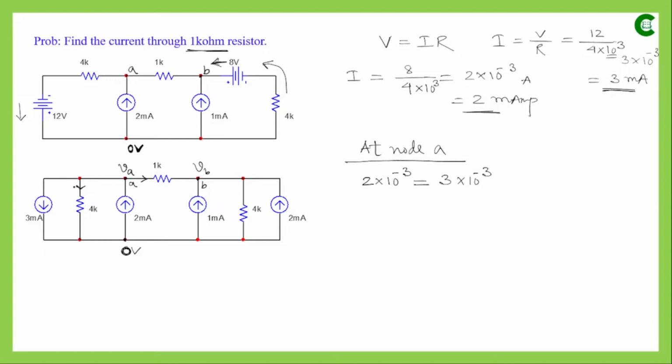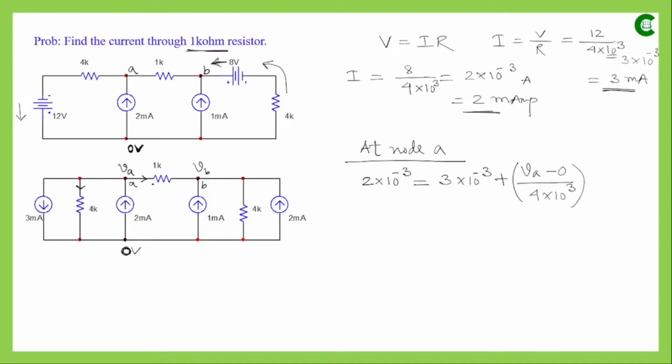So first we consider the potential difference of that path, which is the potential of point A, which is VA, minus the potential of the reference node, which is 0. This potential difference is divided by the resistance value, which is 4K, so it is 4 into 10 to the power 3.